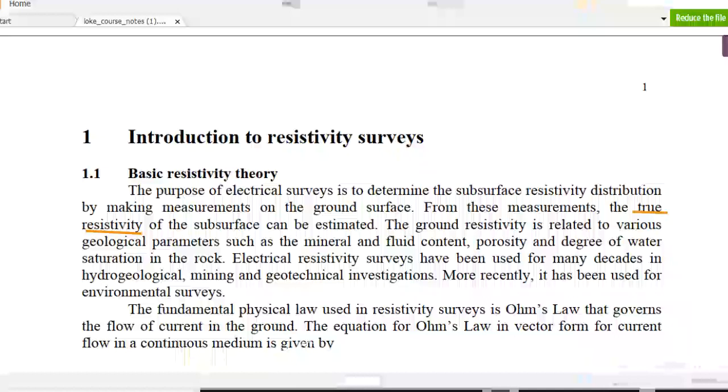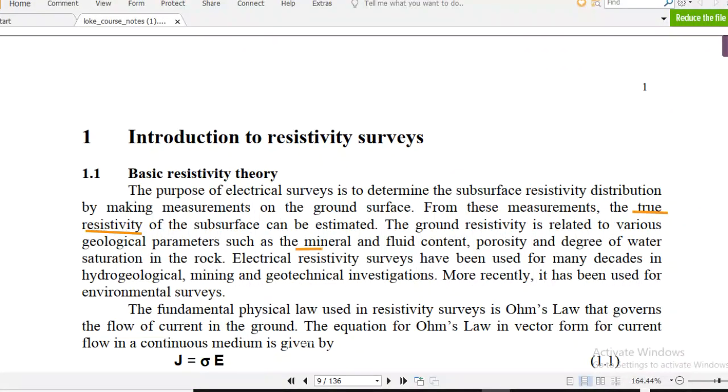What type of mineral? Is it a clay mineral, or a metal mineral, or a semiconductor mineral? What type of mineral exists within the geological formation?